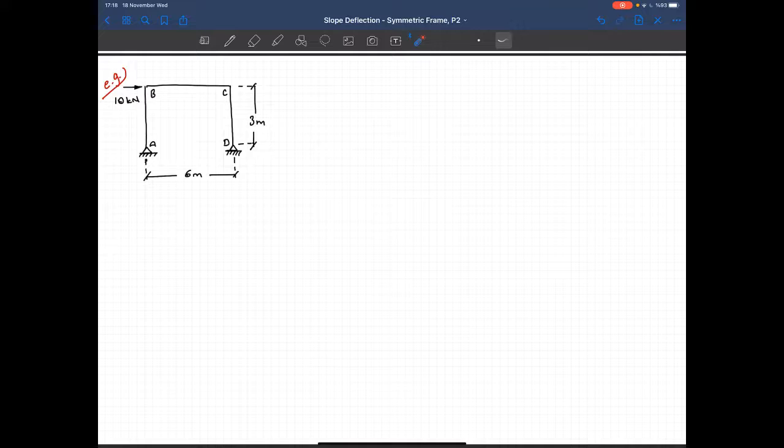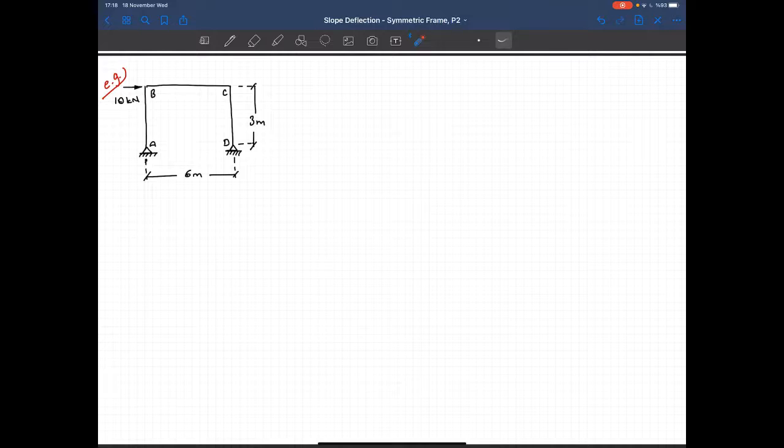Okay, in our second example, again I take the same symmetrical frame. This time we apply a lateral load. We already solved that, but this time I want to create an equivalent structure and then analyze it.